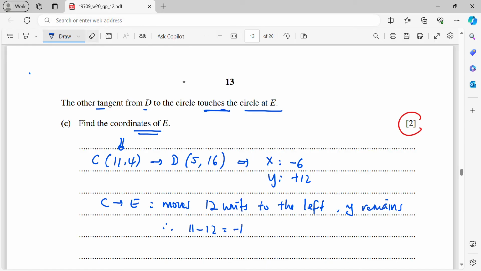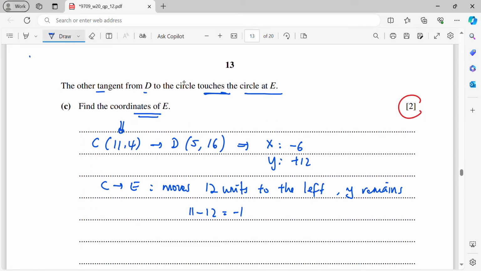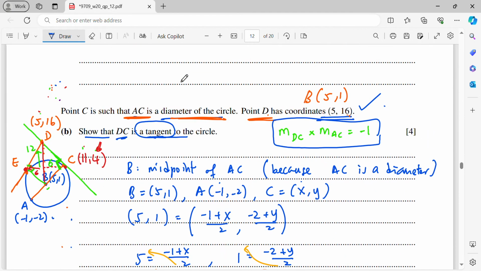This is the X coordinate of point E. Therefore point E has coordinates minus 1 and 4, based on this diagram or this explanation.